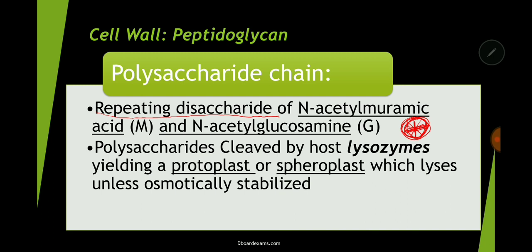The polysaccharides are cleaved by host lysozymes, yielding protoplasts and spheroplasts, which lyse unless they're osmotically stabilized. But you have to remember that the disaccharides which make up the peptidoglycan are repeats of N-acetylmuramic acid and N-acetylglucosamine.